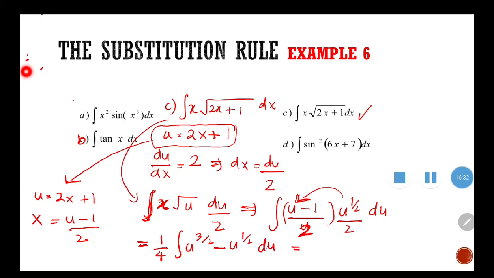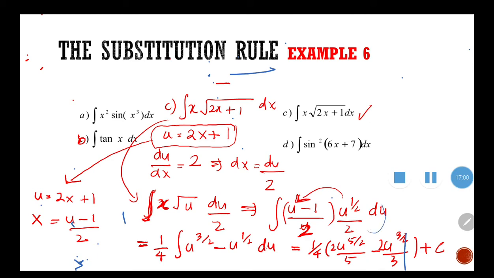So here you can just integrate it as usual. So we have 1 over 4, u power 3 over 2 becomes u power of 5 over 2, 5 over 2 at the bottom, and then minus u power 3 over 2, 3 over 2, then plus c.